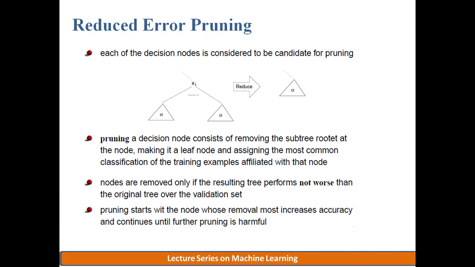Pruning a decision node consists of removing the subtree rooted at that node, making it a leaf node, and assigning it the most common classification of the training examples affiliated with that node. The nodes are removed only if the resulting pruned tree performs no worse than the original over the validation set.